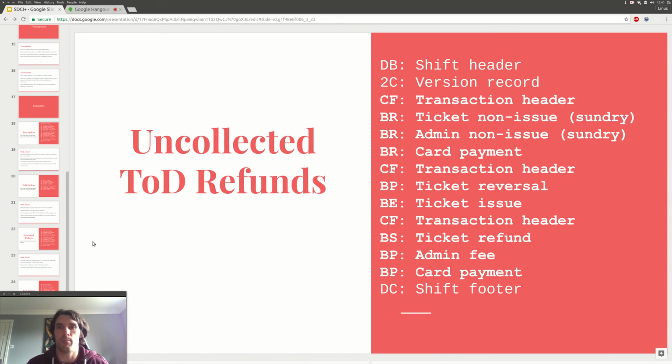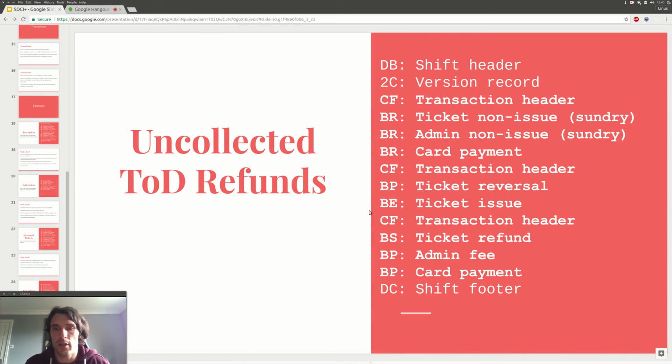We say, okay, those sundries that the retailer sold you, or we sold you in that case, we're going to reverse those. We'll write some sort of non-issue reversal, and then we will do a virtual issue transaction. So this first transaction here is the reversal. The next transaction is an issue.